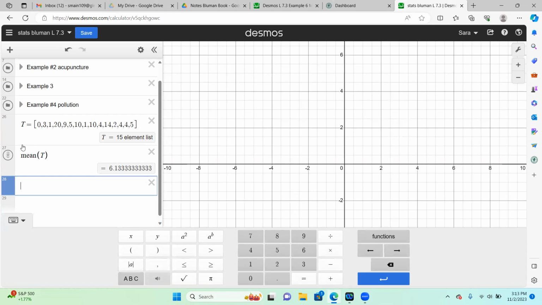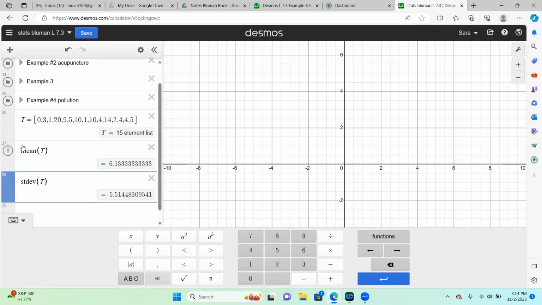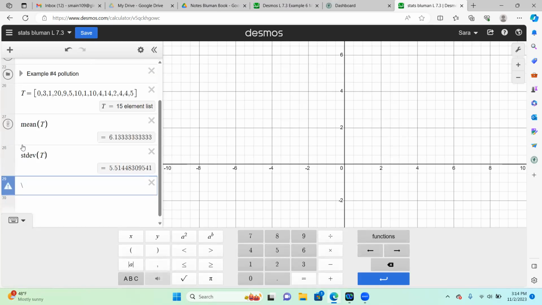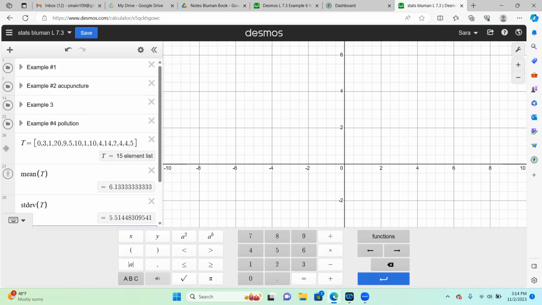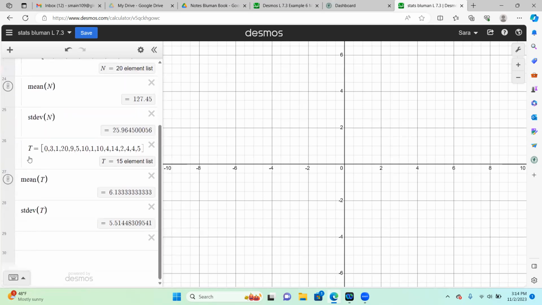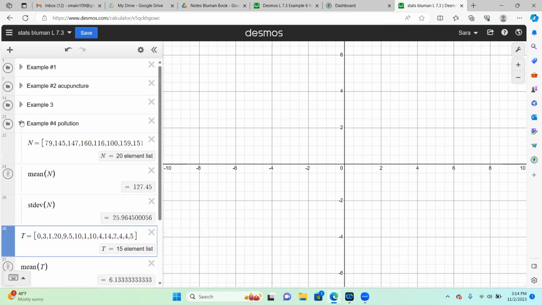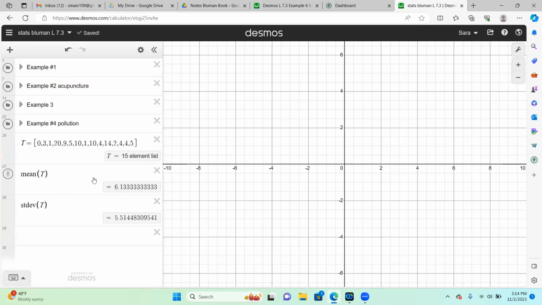And so the mean is 6.133, the sample mean. And then the standard deviation is 5.51448. And the n is 15. And so that means our degrees of freedom is 14. And so that's right there.